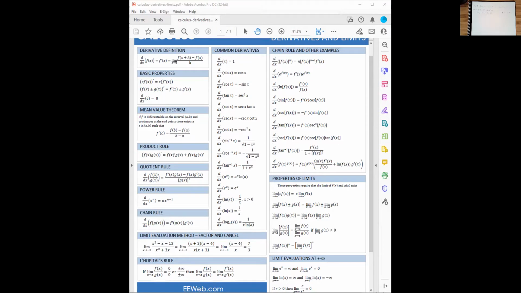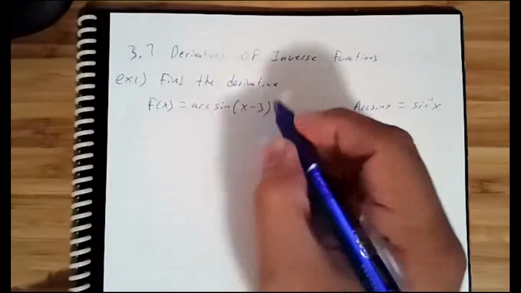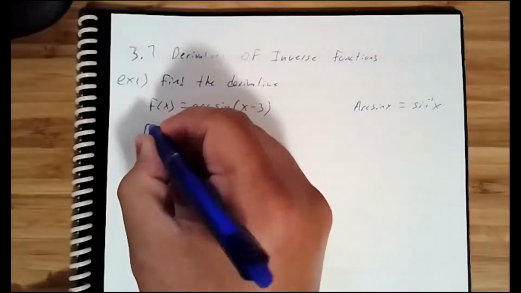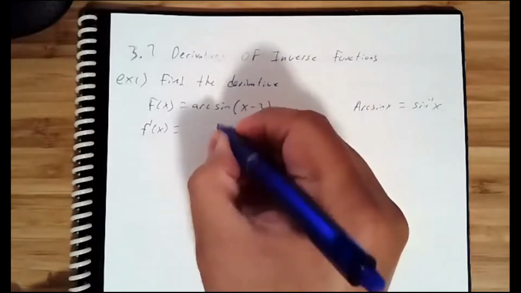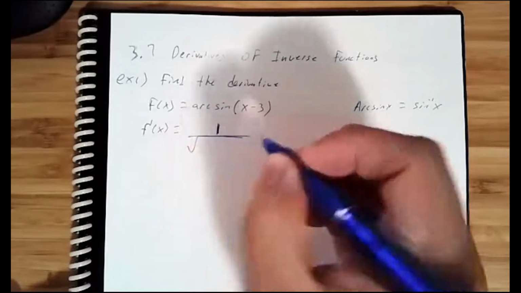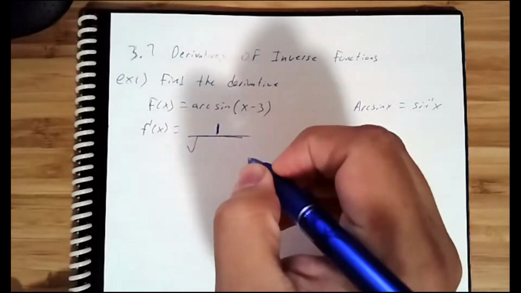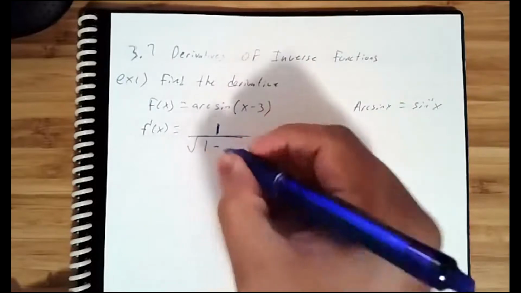Okay. So our x is x minus 3. So the derivative is equal to 1 over the square root of 1 minus x, where our x is the argument, 1 minus x squared.